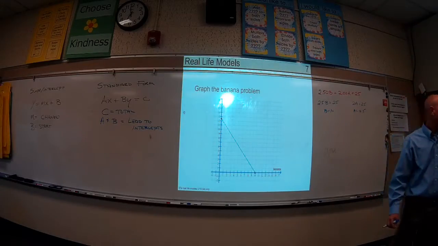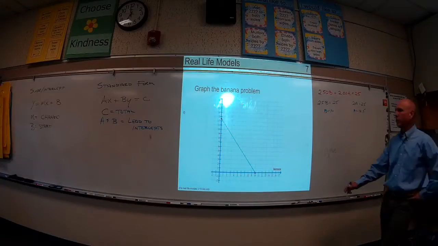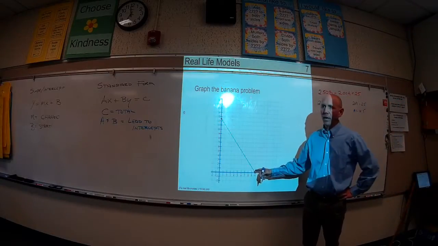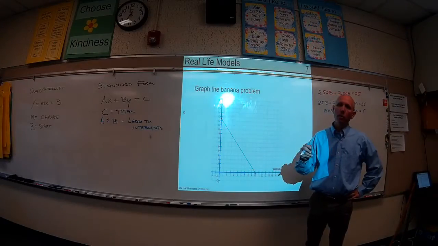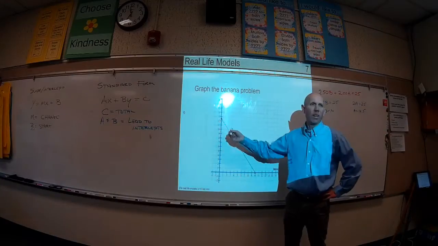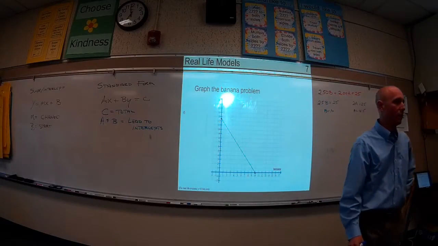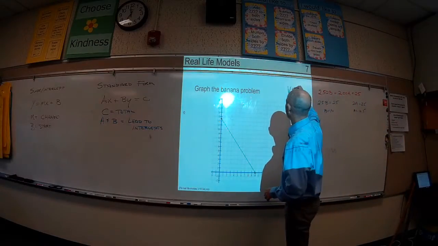But let's assume you can't buy a half a pound. This line is saying you can buy like a tenth of a pound, a third of a pound, a half. But no, I want some viable solutions. What are the real solutions here? This line is saying, oh, I can buy fractional bananas. First of all, let's start with the word viable. What does viable mean?